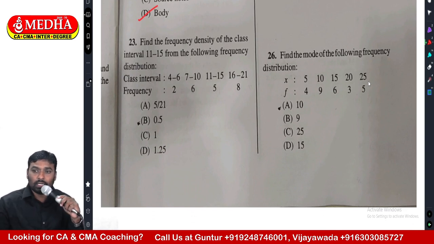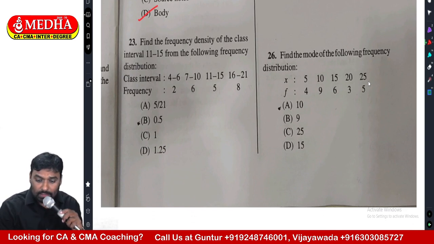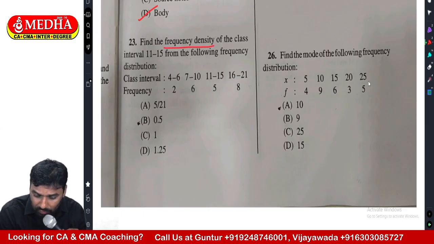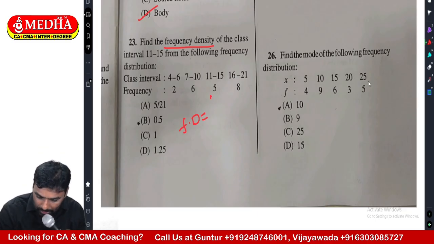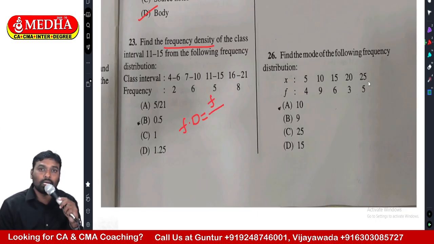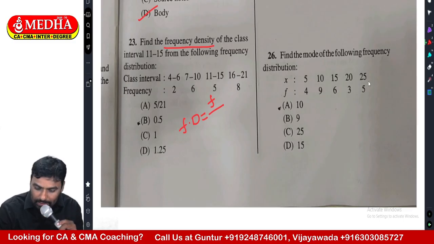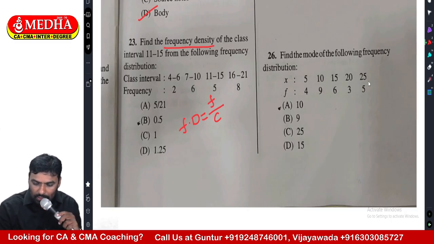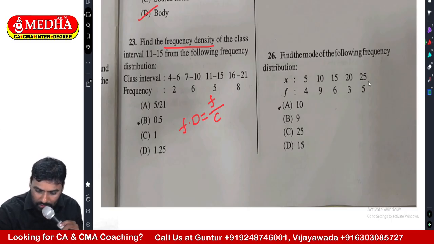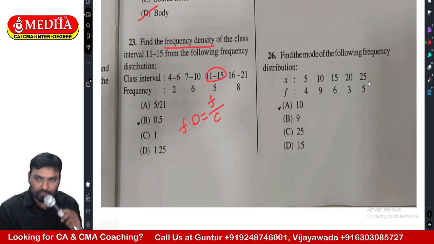Next, bit number 23. Here we calculate frequency density. The formula for frequency density is class frequency divided by its class length, f by c, or you can also write f by h. Here we calculate the frequency density for the class 11 to 15.